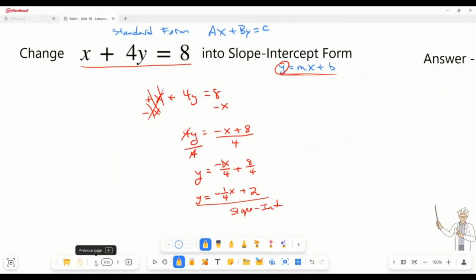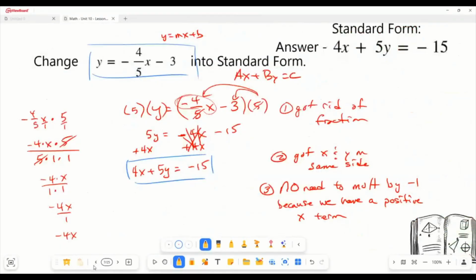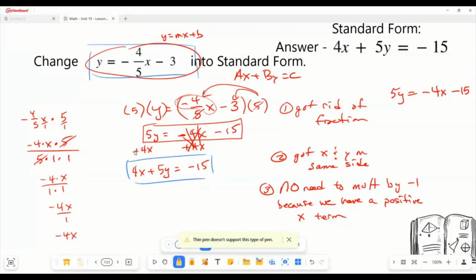Let's go back. This problem. We got rid of the fraction, multiplied both sides by 5. This step right here was 5y equals negative 4x minus 15. What did I do underneath here?